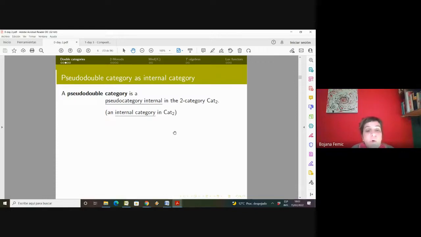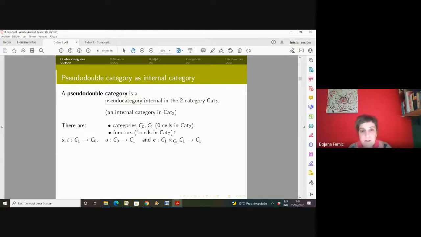Okay, so now let us see what is the difference between a common double category, which can also be called a strict double category, and a pseudo double category. Firstly, we have the same as before: categories C0 and C1 as 0 cells now in the two category of categories. We have 4 functors, source and target, unit and composition, which are 1 cells in the two category of categories.